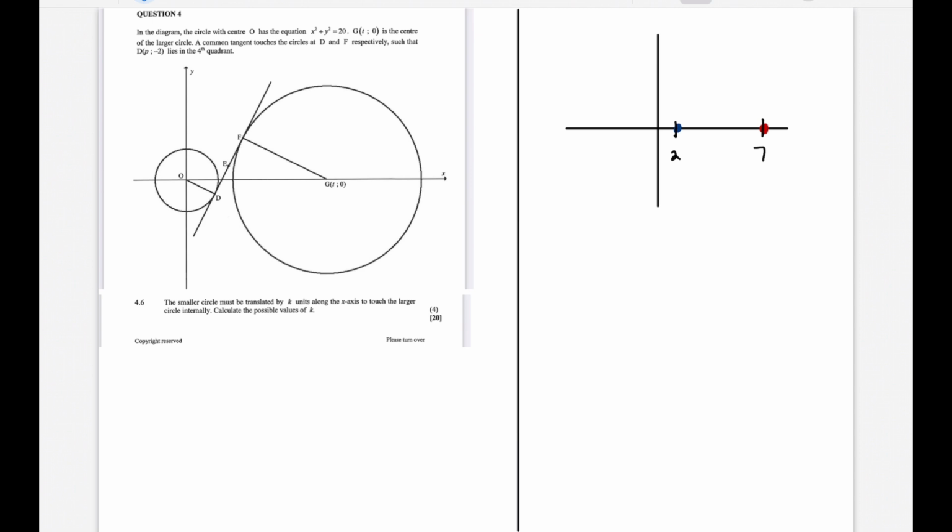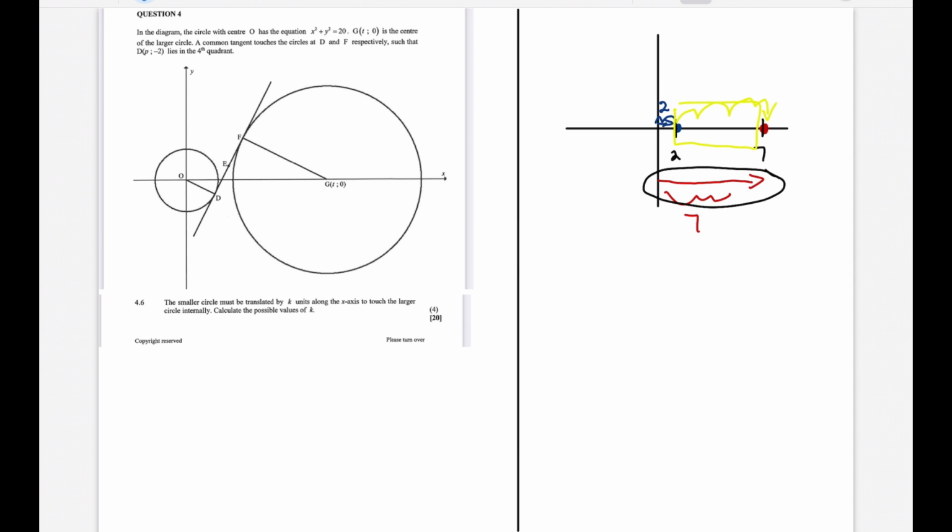But the formal way to do it is to take the x value here, the 7, and subtract the x value here, the 2. That works because when we say the x value here is 7, we mean the distance from here to there is 7 units long, and when we say the x value here is 2, the distance is 2. Taking the red arrow and subtracting the blue arrow leaves you with the distance between them, which is how much the blue point needs to move to reach the red point.